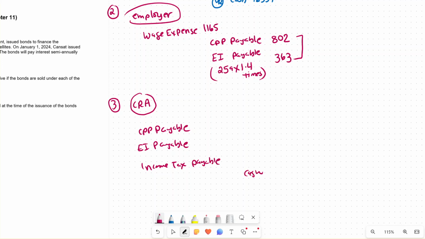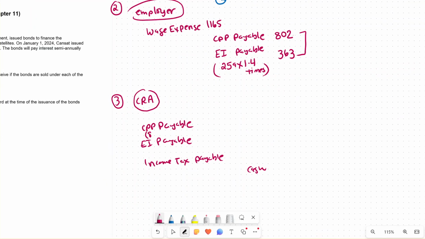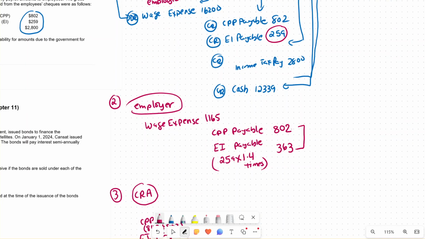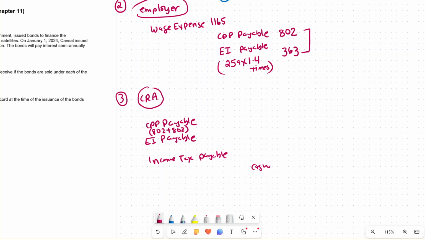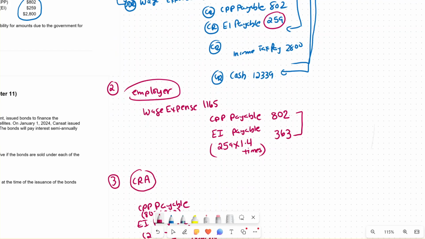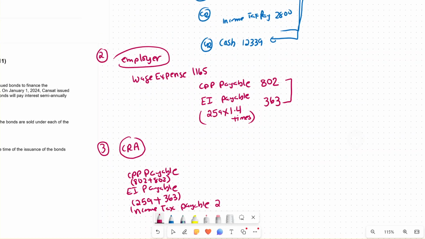How much will that be? In my first entry, I had 802. My second entry also has 802. For EI payable, my first entry was 259. In my second entry, the EI payable was 363. For my income tax, I only have it for my first entry, which was 2,800.